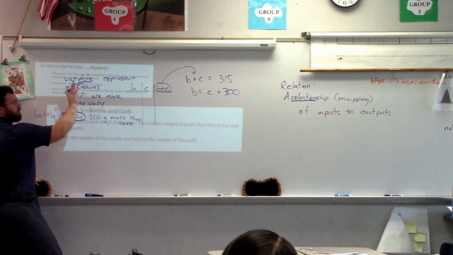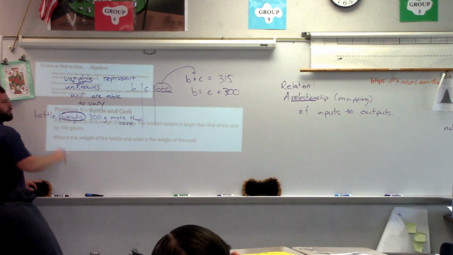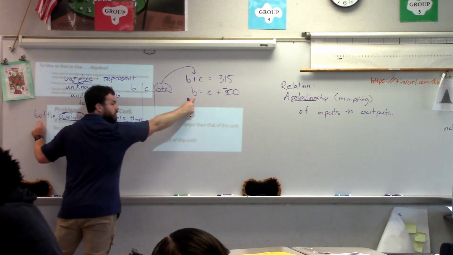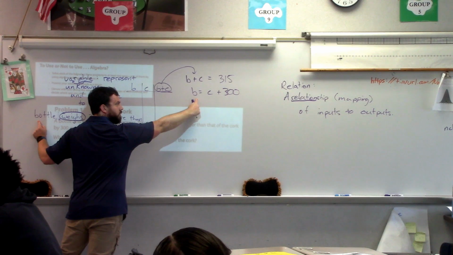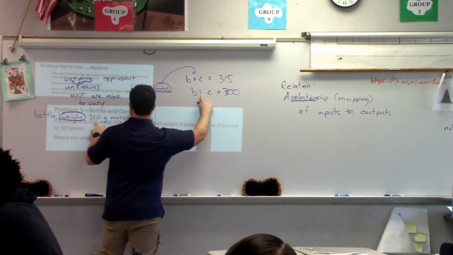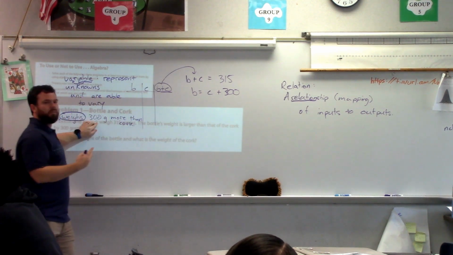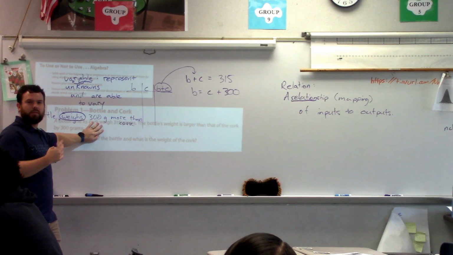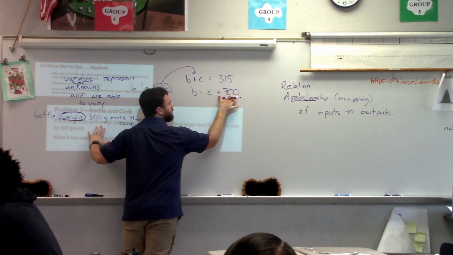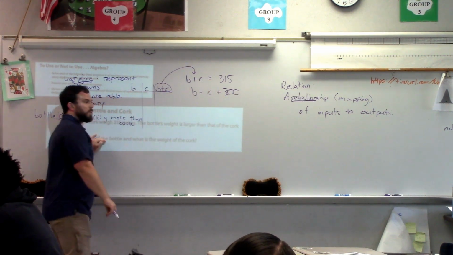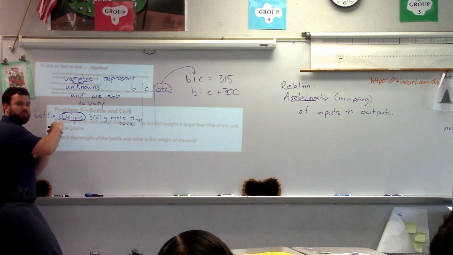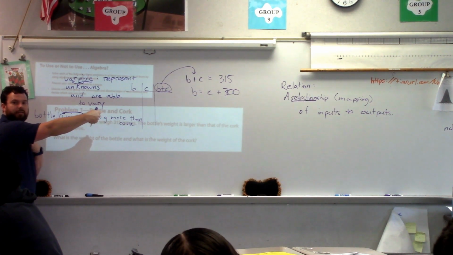Yeah, but like in math, what does a verb usually translate to? Equals. Notice how the bottle, the unknown B, weighs equals 300 more than. By the way, 300 more than, what would that operation be? Adding how much? 300 to the cork. Yep. If we read the statement there, that verbal, you see how I can translate it into an algebraic?